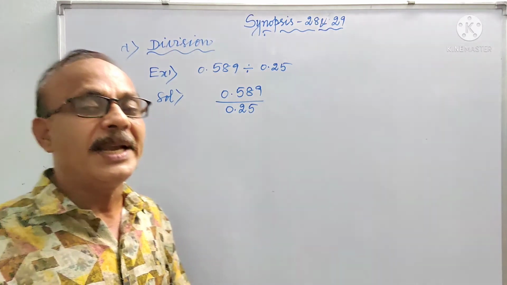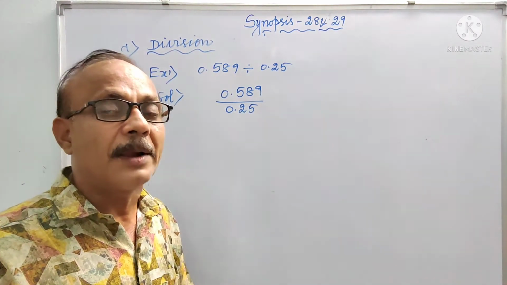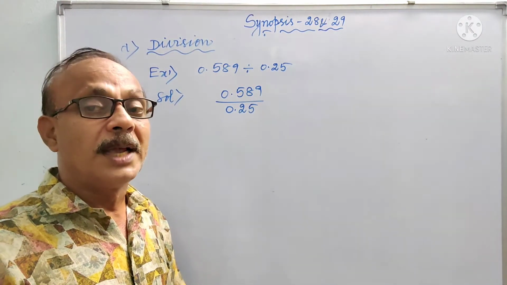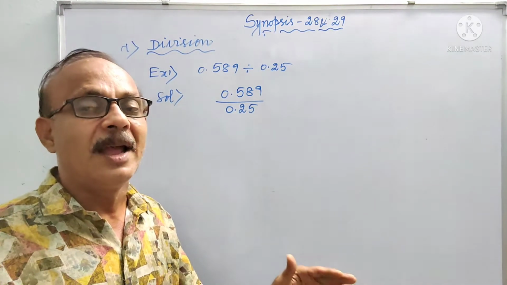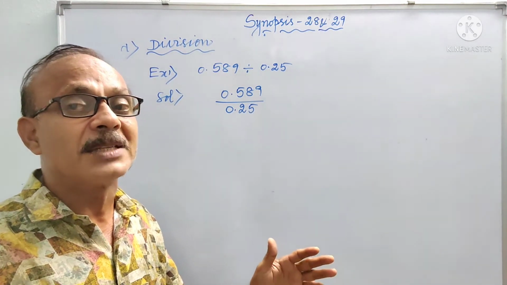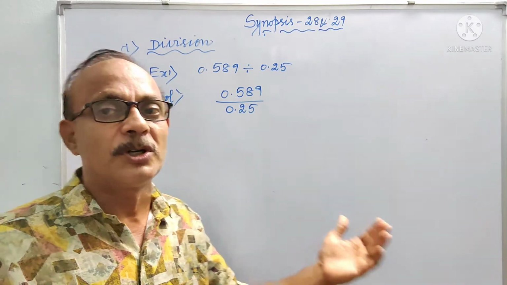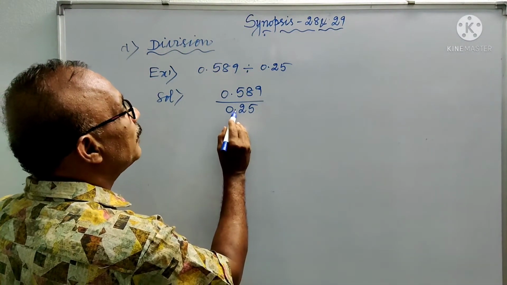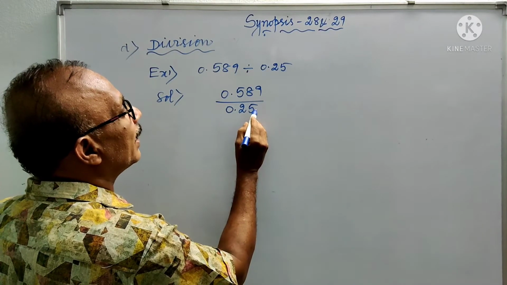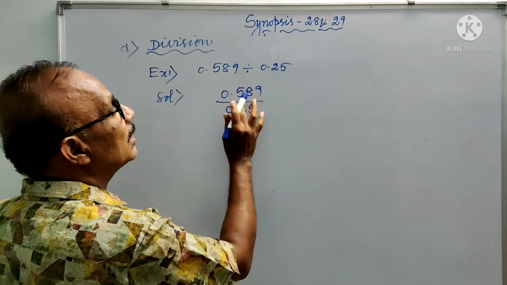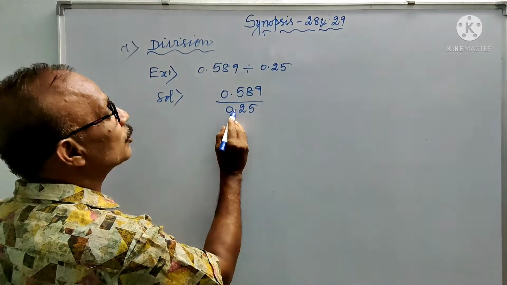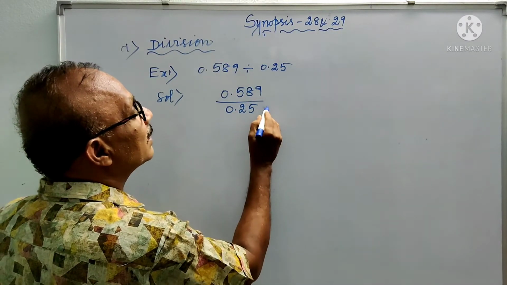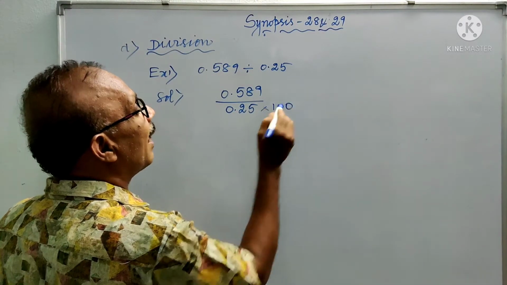If you multiply any decimal by numbers like 10, 100, 1000, etc., the decimal point moves right as many places as the number of zeros in the number. So here we have 2 digits. If the decimal point comes from here to here, this becomes 25. So the decimal point has to move 2 digits. That means this must be multiplied by 100.